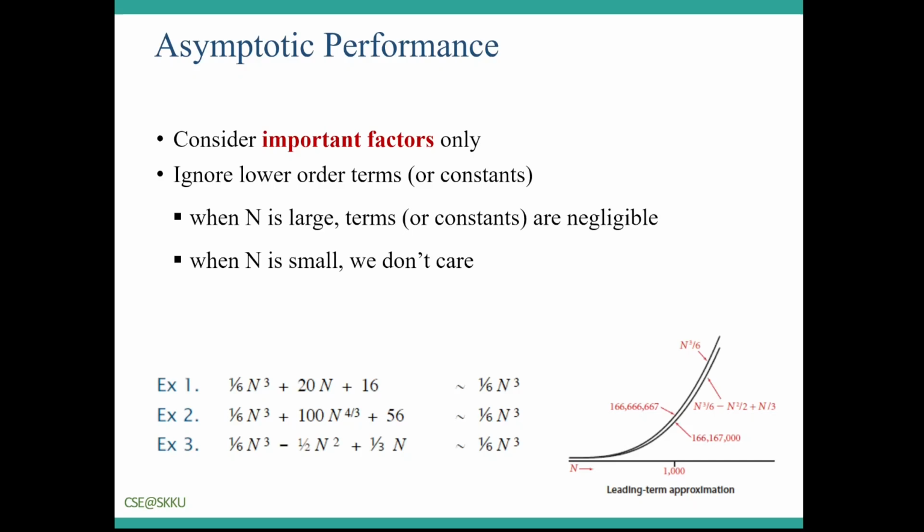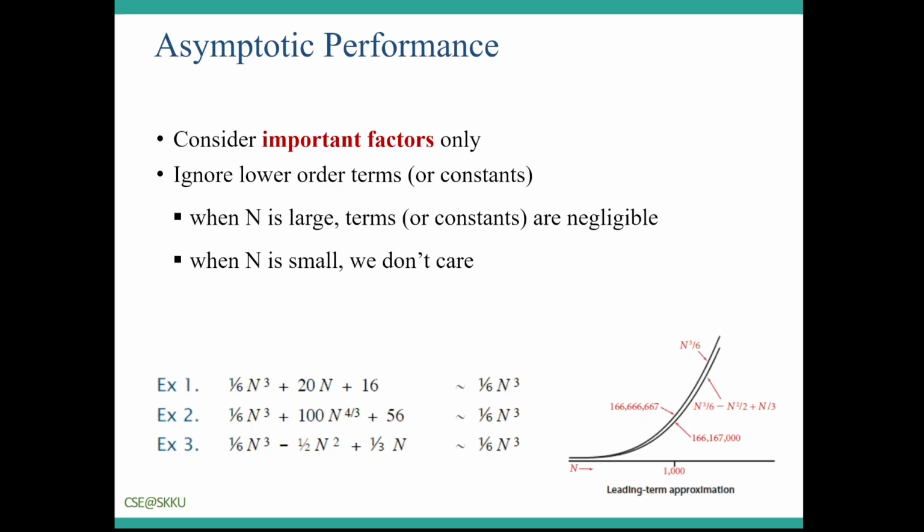Let's look at our first asymptotic notation, big O. We write it using a capital O. As I already mentioned, it is derived from the Greek alphabet.